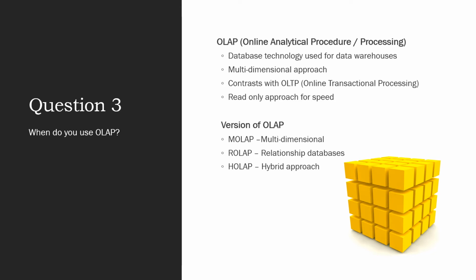However, as the dataset grows, the speed of queries suffers. Finally, the last method, HOLAP, attempts to combine the elements of the first two by using relational and multidimensional databases relative to whichever is more efficient for a given data set.